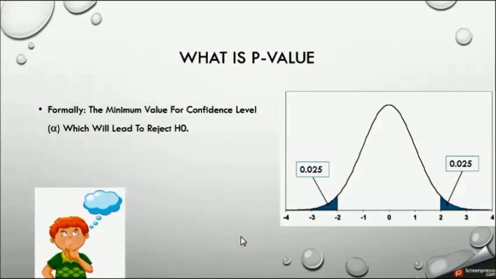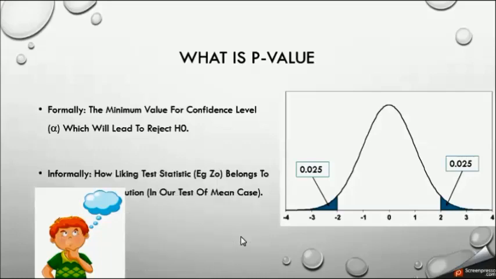Formally we have the definition of p-value as the minimum value of alpha, which sometimes we call the confidence level or the error. So the minimum value of alpha which will lead to reject H0 is the p-value.